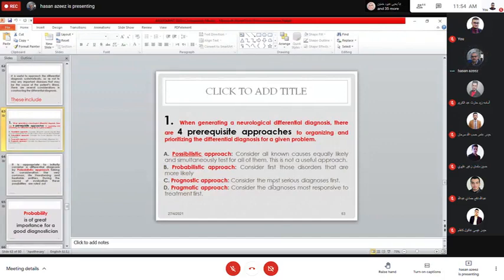But I want you to know that there are different approaches in the world, but I prefer one of them and will tell you later why. First one is the possibilistic approach. It means I will put all the possible causes of this illness. Second, probabilistic. Consider first those disorders that are more likely.